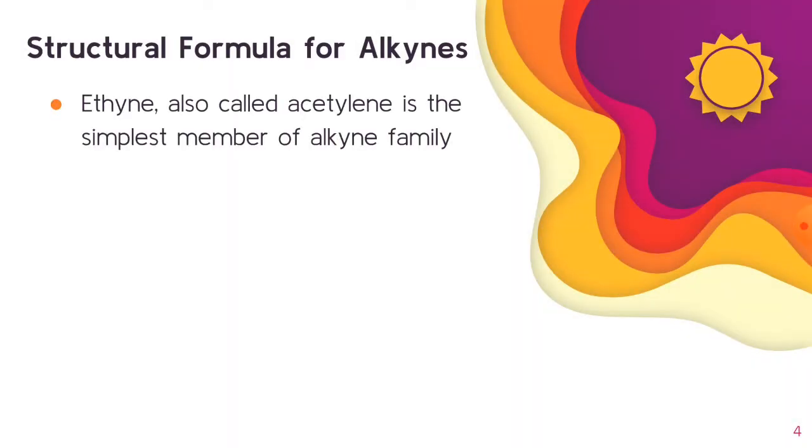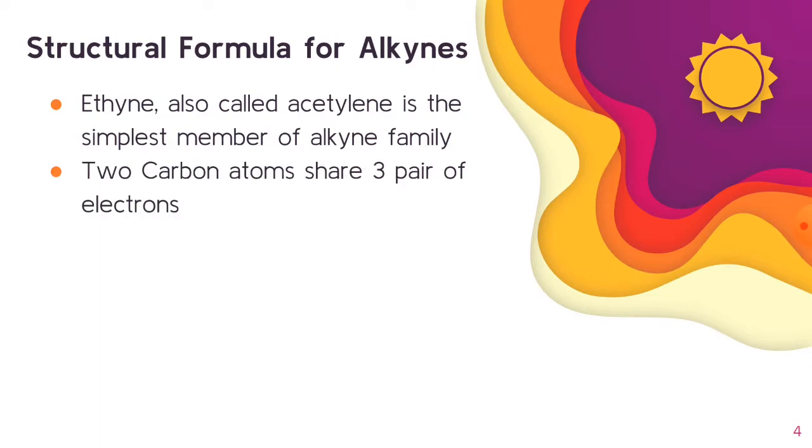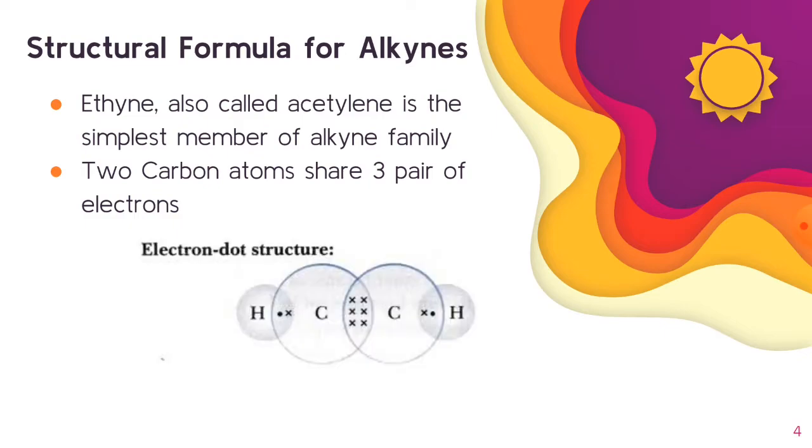Ethine, which is also called acetylene, is the simplest member of the alkyne family. In the ethine, two carbon atoms share 3 pairs of electrons to form a triple bond. The electron cross dot structure for ethine is as follows.